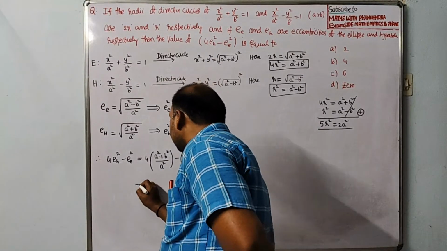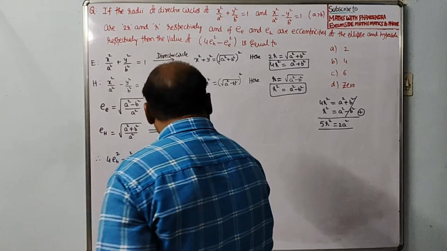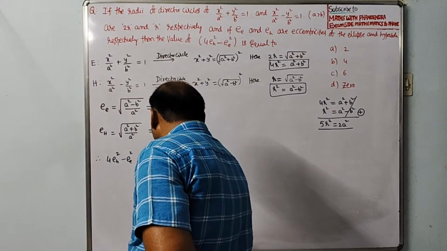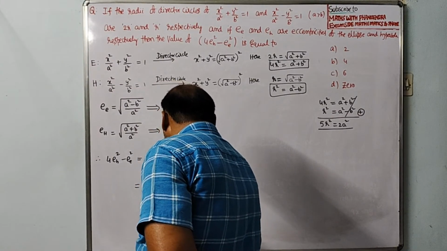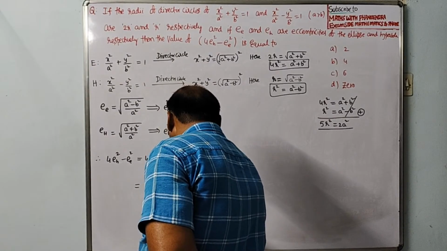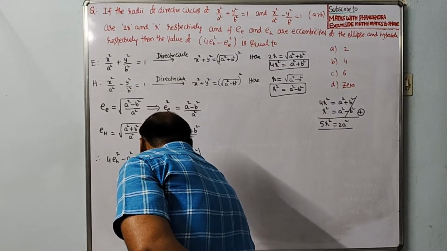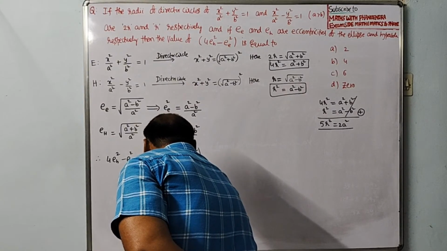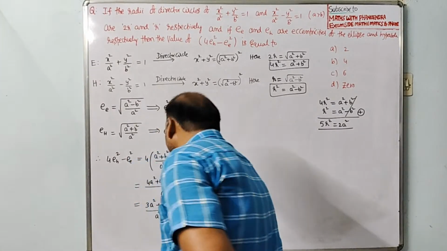So let us take LCM, a square is the LCM now. So 4a square plus 4b square minus a square plus b square, which is equal to 3a square plus 5b square divided by a square.